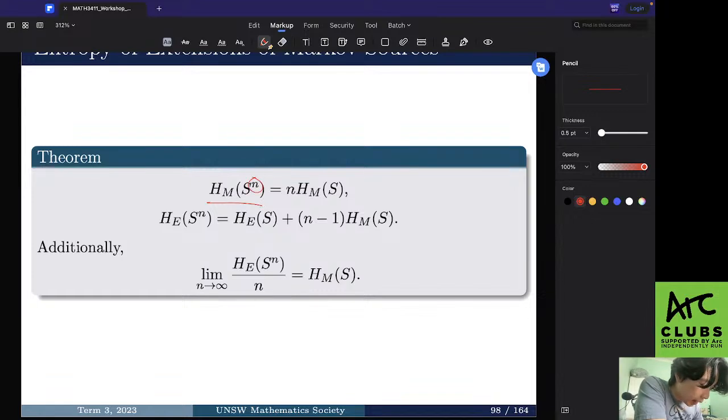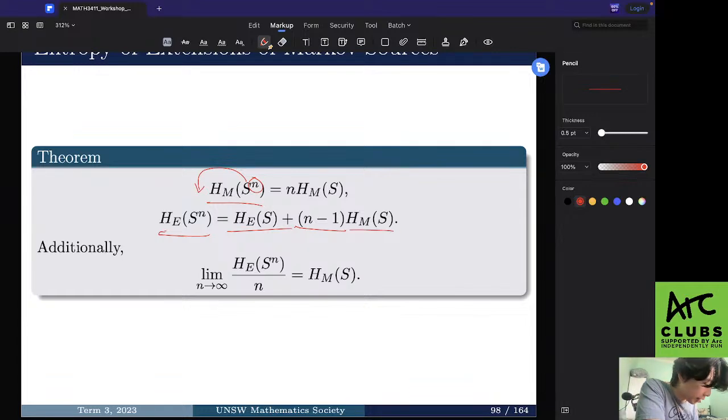We can bring the n down like we did before, and so the Markov entropy of S extension n is just n times the Markov entropy. And for the equilibrium entropy, we see that the nth extension is actually just E, the equilibrium entropy by itself, plus n minus 1 times the Markov entropy.